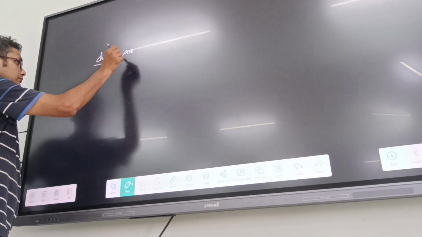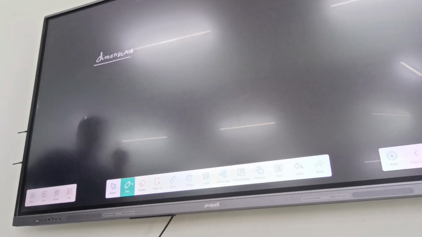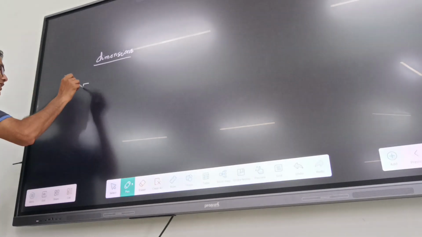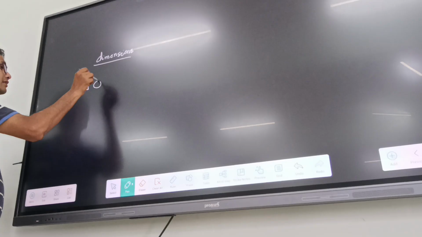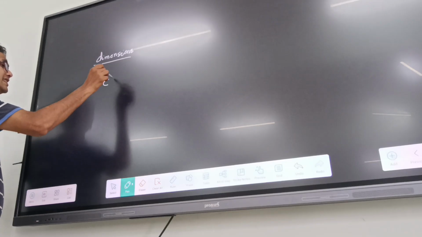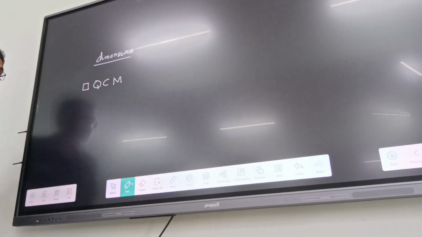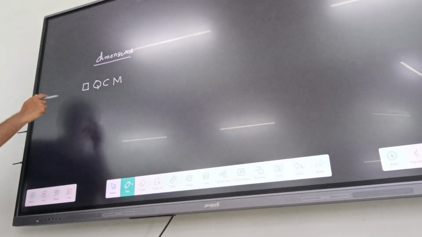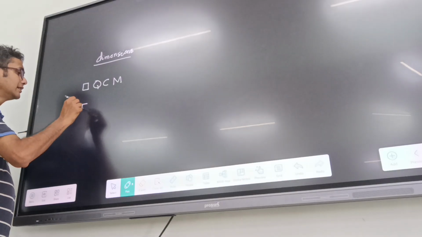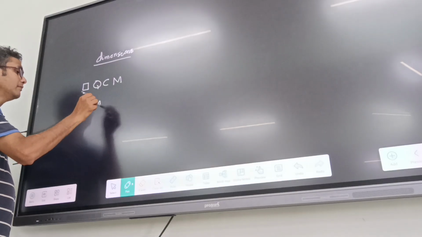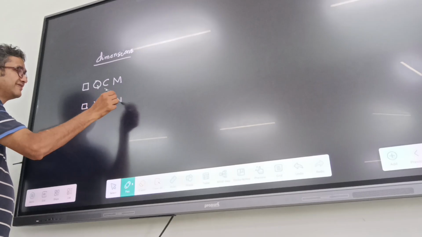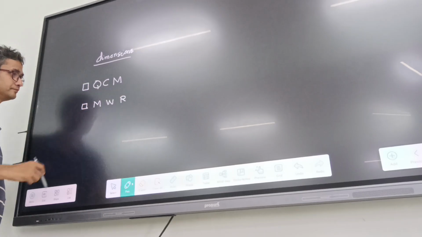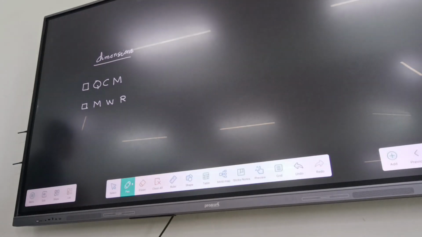So we will take two examples. The first example we will take is called QCM. Right? QCM. The second example we will take is called MWR. Can somebody say what QCM stands for? I think I have given the notes.